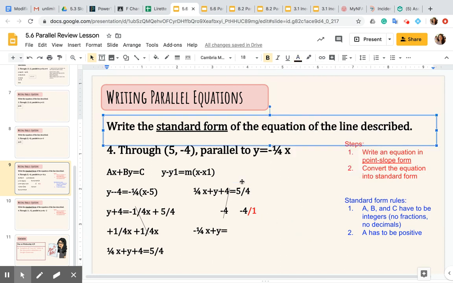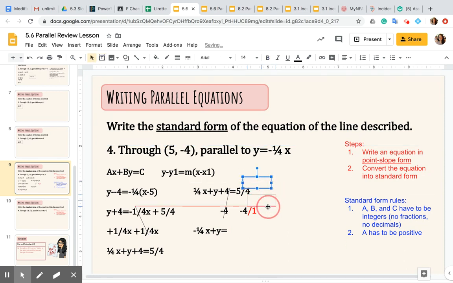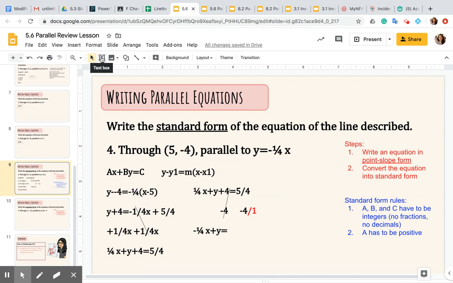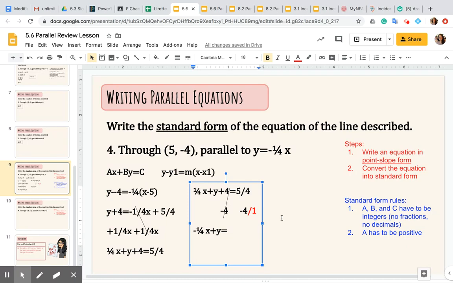So what can I do to get the same denominator? I can multiply this fraction, top and bottom, by the denominator that I need. So I can do this times 4.